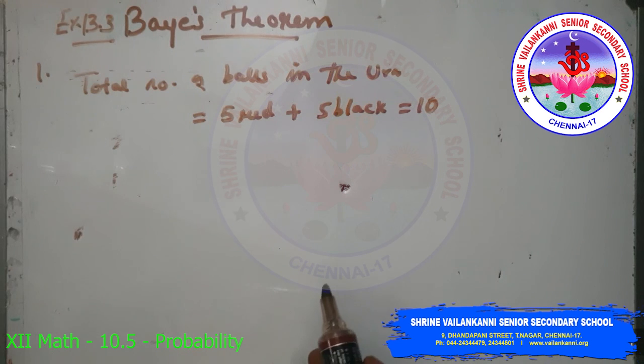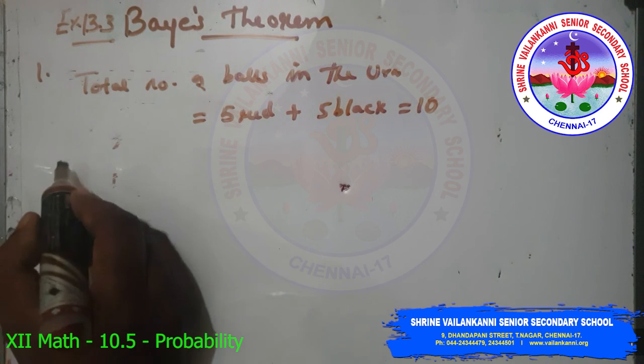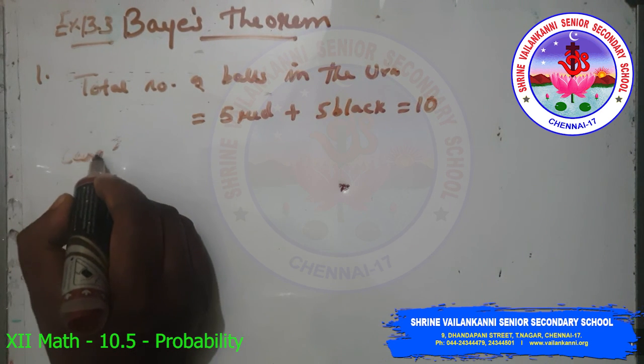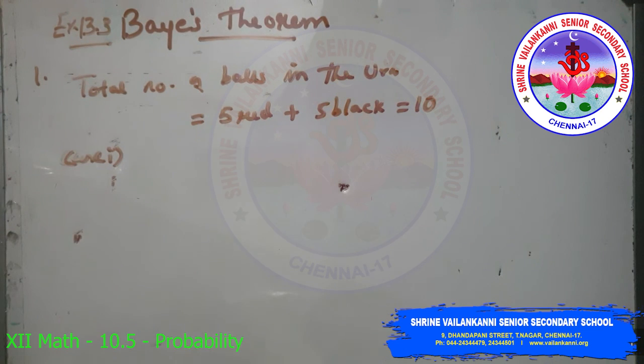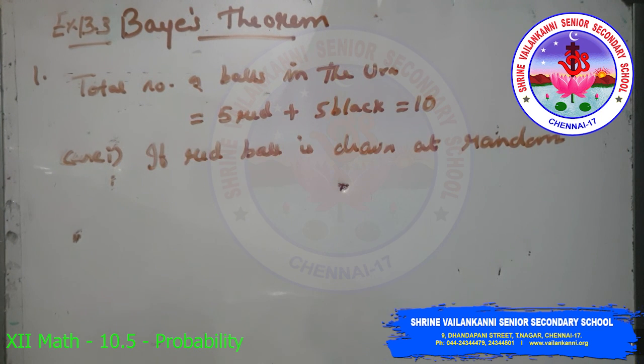The total number of balls is 10. First case: if a red ball is drawn at random from the urn, then we look at the total number of balls in the urn after adding 2 additional balls of the same color.